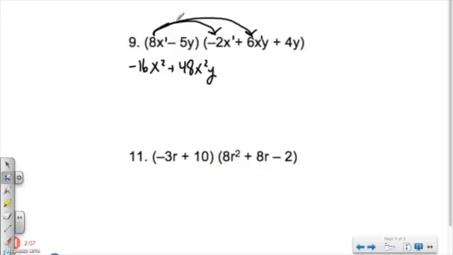Right, now I'm going to multiply 8x times 4y. Coefficients get multiplied. 8 times 4 is 32. And then there's no other x's, so I've still got x, and I've still got this y being multiplied as well. All right, now I've multiplied everything by 8x, and now I'm going to multiply everything by this negative 5y.